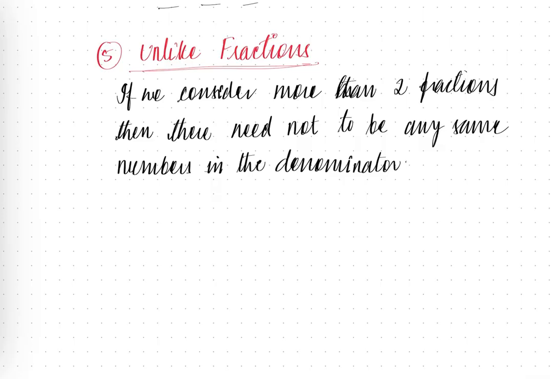For example, if we take 2 by 3, 3 by 4, 4 by 5, we do not have any same numbers in the denominators. Here we have 3, 4, 5, and here we have 2, 3, 4. So we do not have any same numbers in the numerator or the denominator. This is known as unlike fractions.